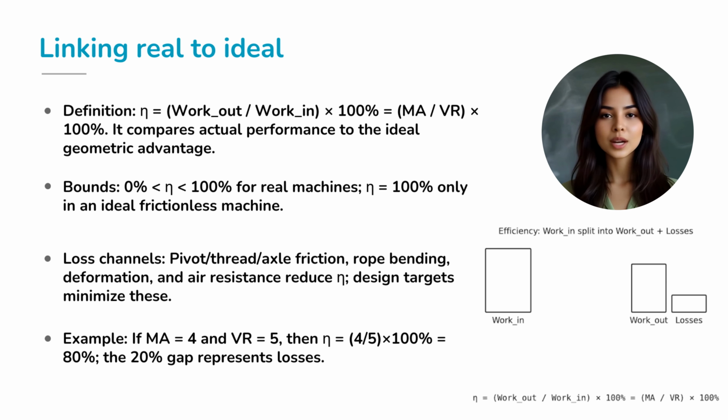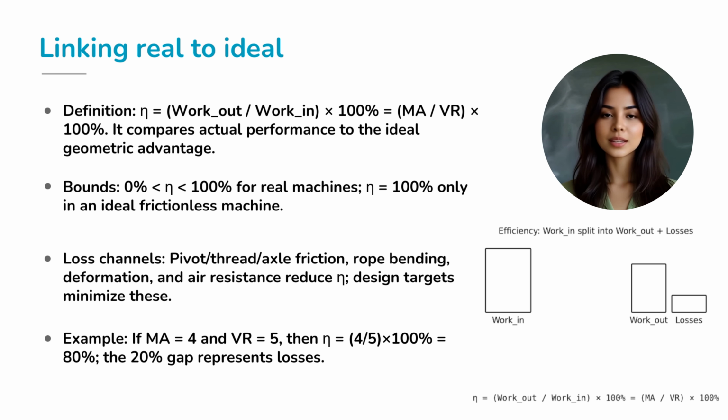Efficiency, denoted by the Greek letter eta, is defined as the work output divided by the work input multiplied by 100%. It can also be expressed as the mechanical advantage divided by the velocity ratio multiplied by 100%. In essence, efficiency measures how closely the actual performance of a machine matches its ideal geometric advantage.